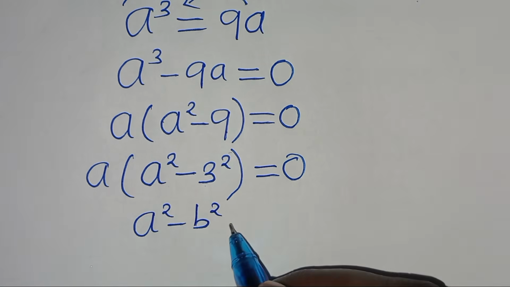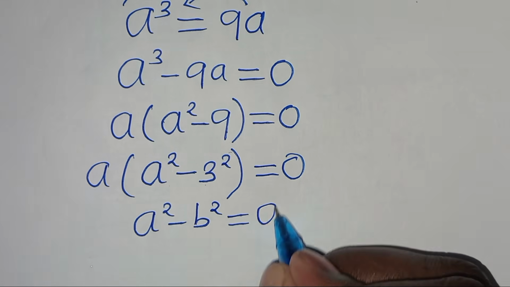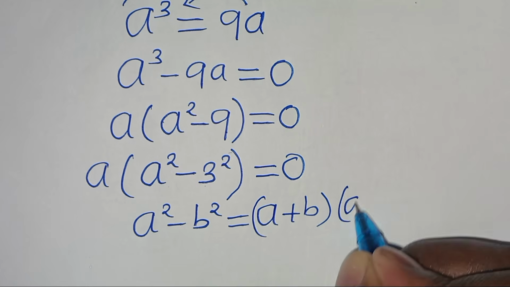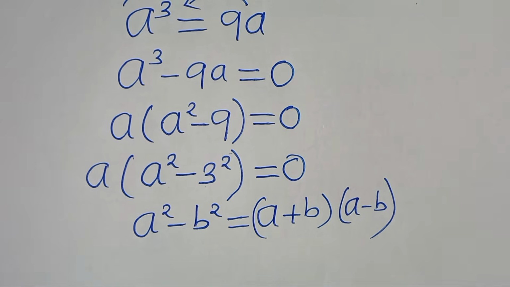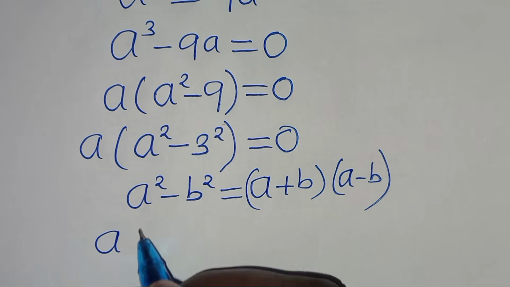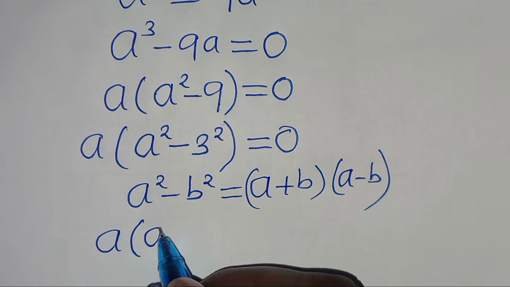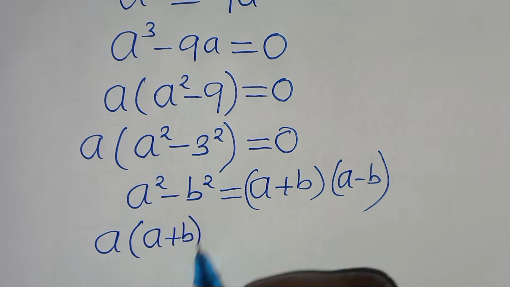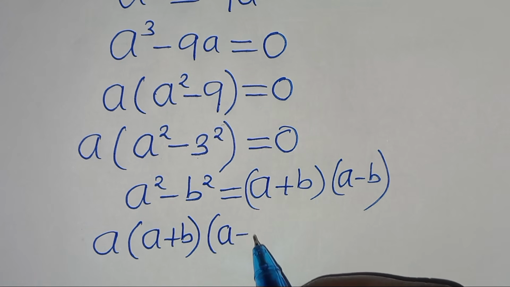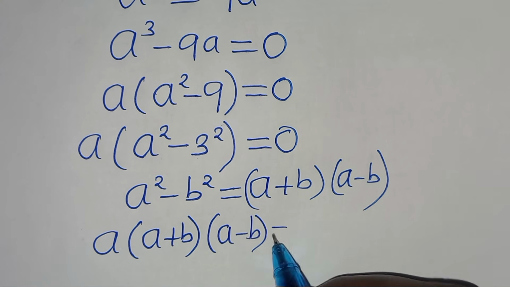This is the difference of two perfect squares that we can express as a plus b multiplied by a minus b. Applying this property, we have a into the parentheses a plus b multiplied by a minus b equal to 0.